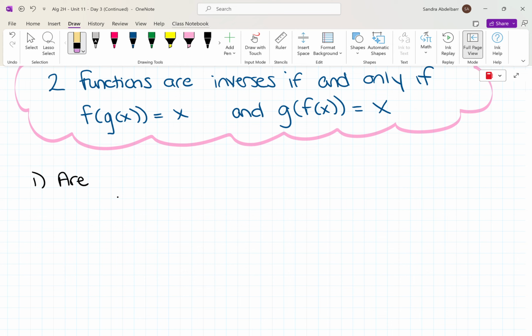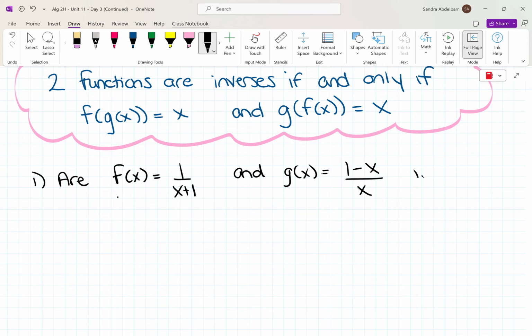Our f of x equals 1 over x plus 1, and g of x equals 1 minus x over x. Are they inverses?